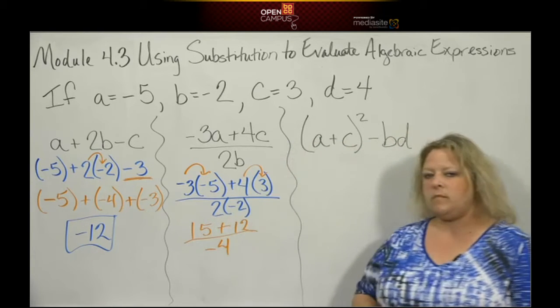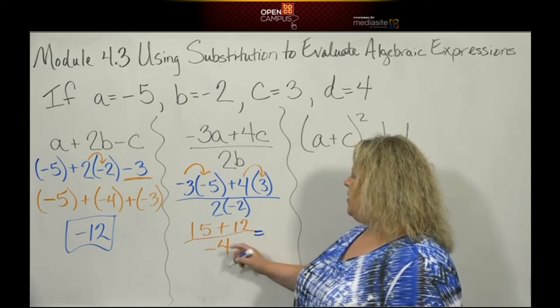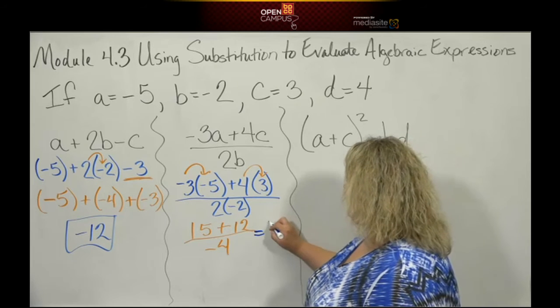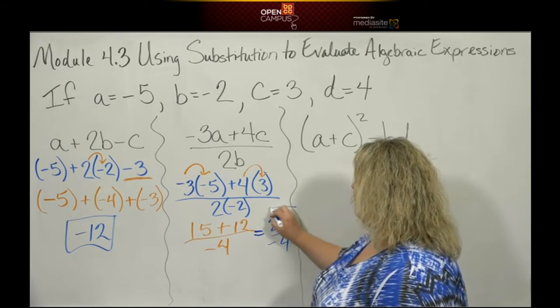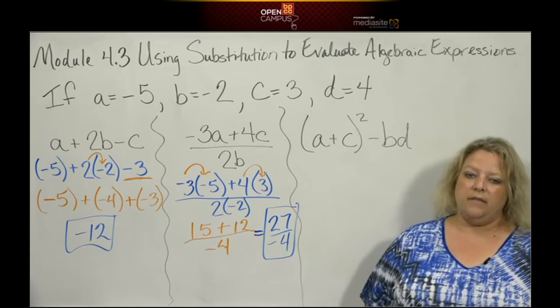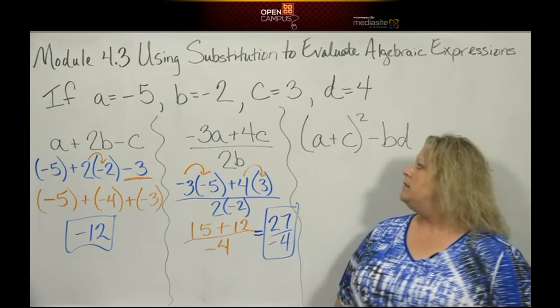All right, we have one more step to do, and that is to do the addition in the numerator, 15 plus 12. What is that? 27. Very good. Divided by -4. Now, I've said it a bunch. It's an improper fraction, leave it. As long as it's reduced to lowest terms, you're good.